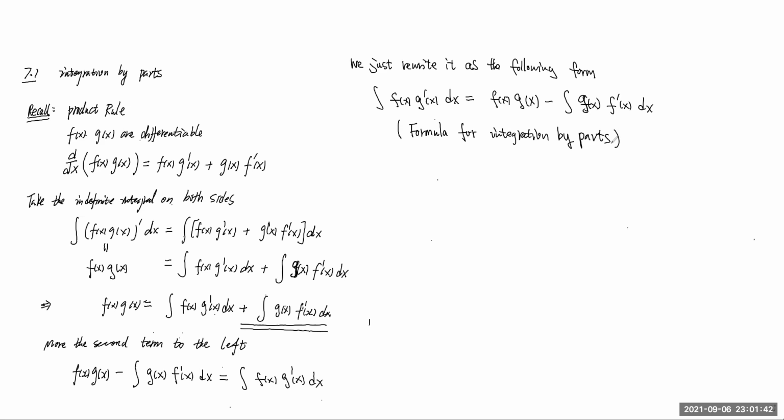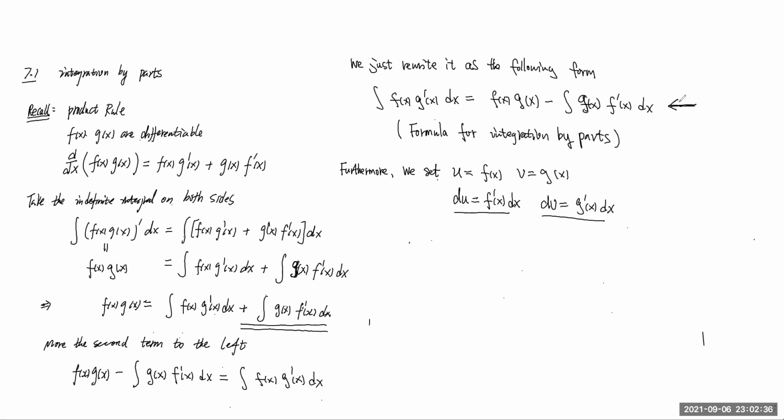So let's do some substitution. Furthermore, we say u is f(x), v is g(x), and then du is f prime(x) dx, and dv is g prime(x) dx. Let's plug in dv into this formula.